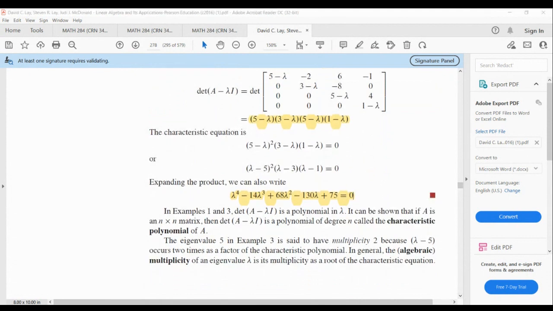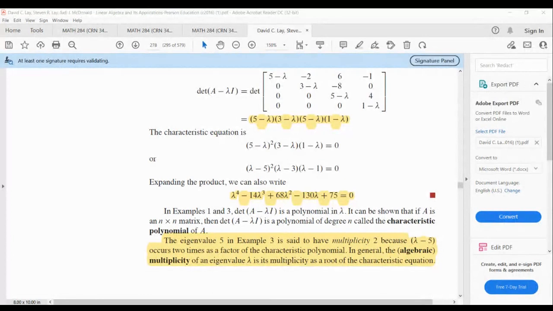And they talk again here about multiplicity. So in this example, I'm going to highlight this whole thing.